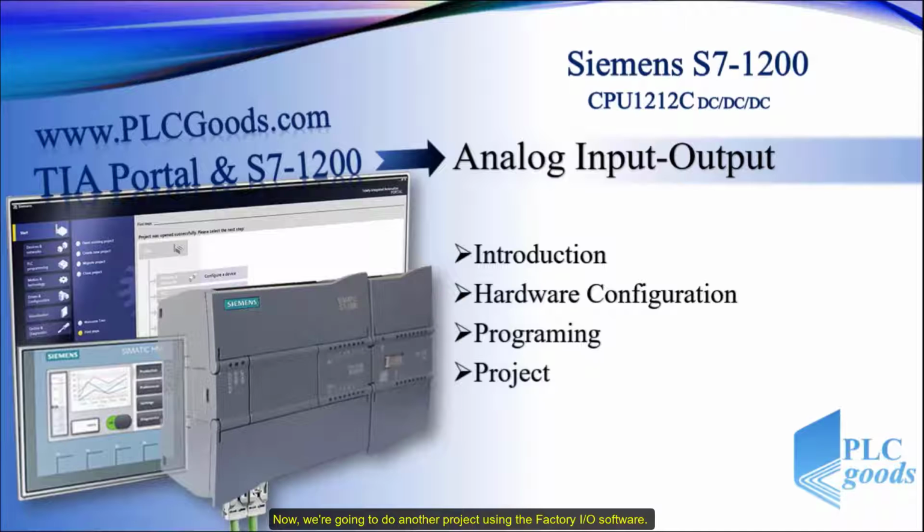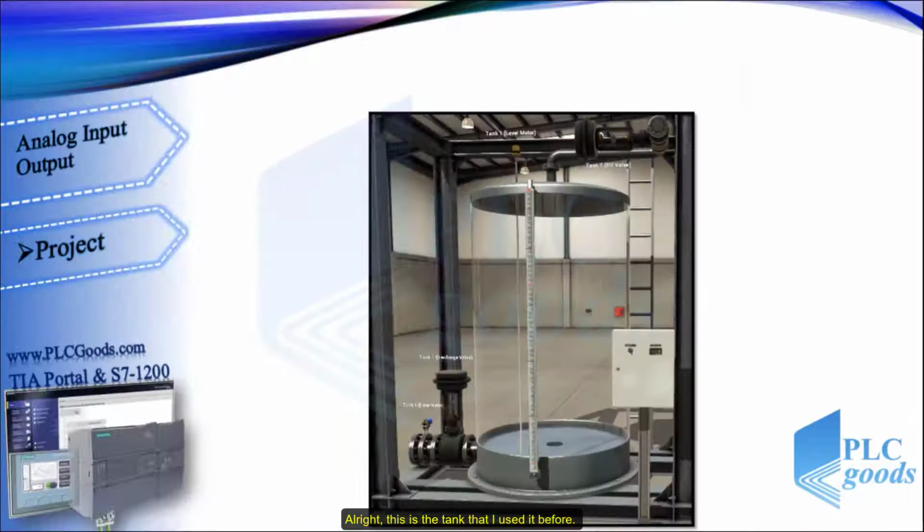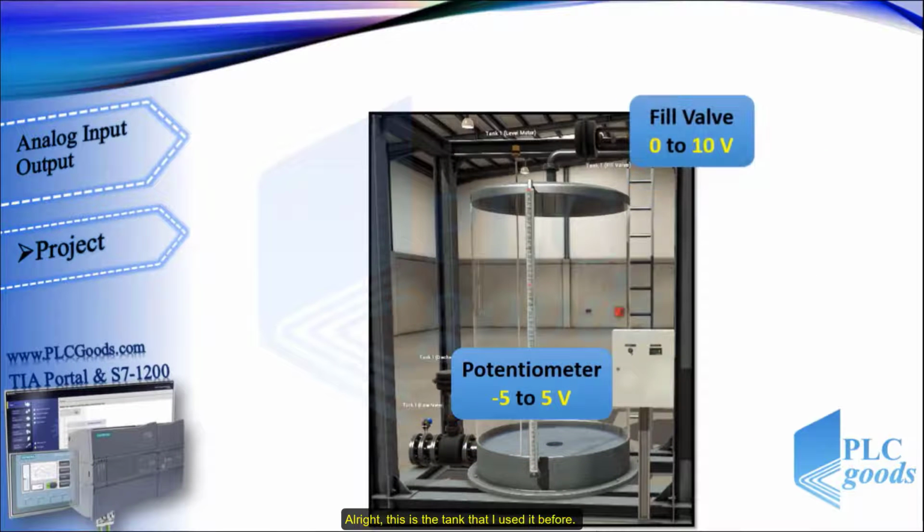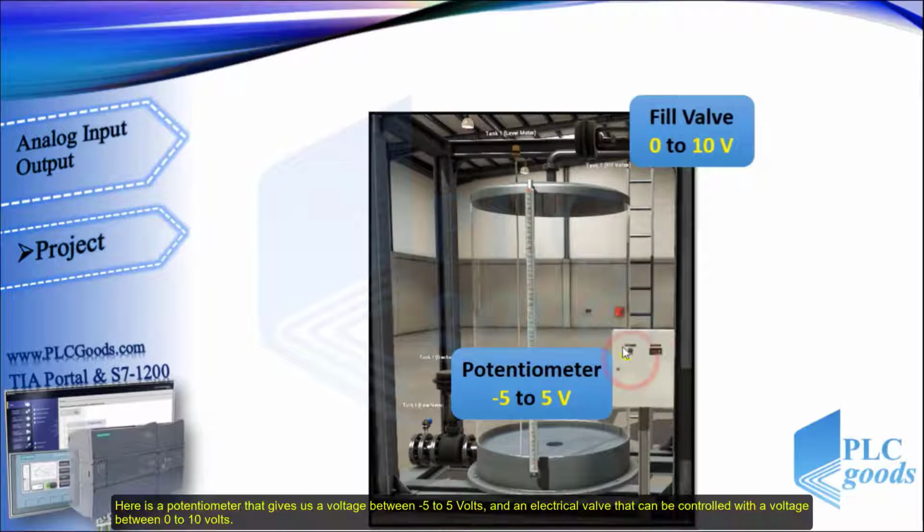Now we are going to do another project using the Factory I/O software. Alright, this is the tank that I used before. Here is a potentiometer that gives us a voltage between -5 to 5 volts and an electrical valve that can be controlled with a voltage between 0 to 10 volts.